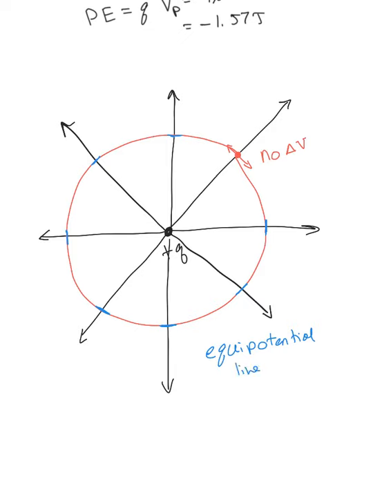And you can move there without changing your electric potential. And if you are a charged particle, you can move around that line without actually changing your potential energy at all. And this is a little bit misleading because I'm drawing it in 2 dimensions, but really there is a spherical shell surrounding the point charge at a constant radius.